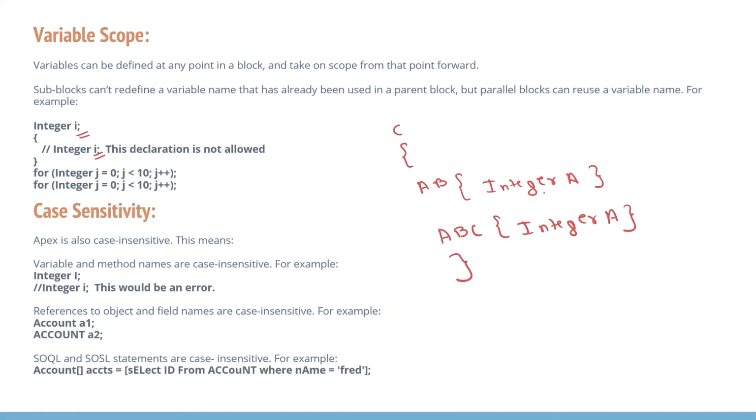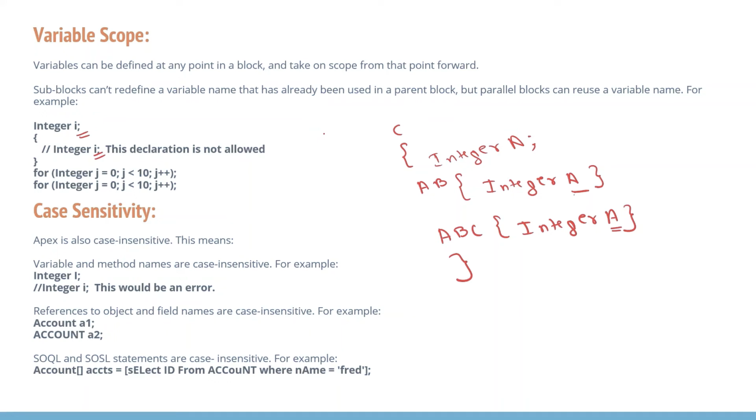This will work and will not throw an error, because parallel blocks can reuse a variable name. Both variables have the same name and same data type, but as they are in different methods, this can be used. But if C is the class name and I define integer a there, and in the AB method I also write integer a, then it will throw an error. So this is regarding variable scope.